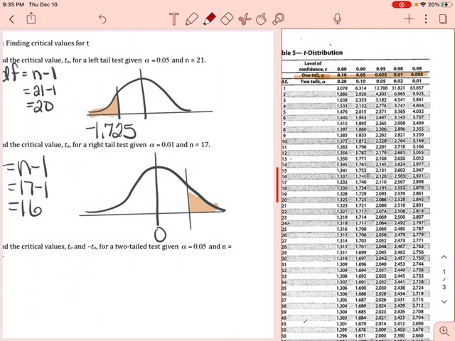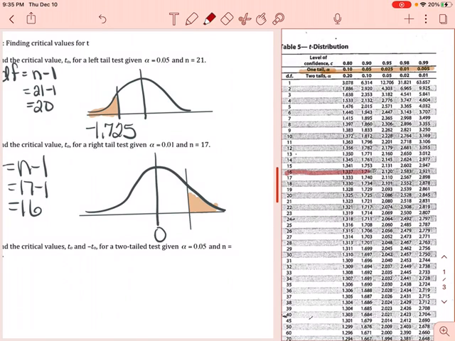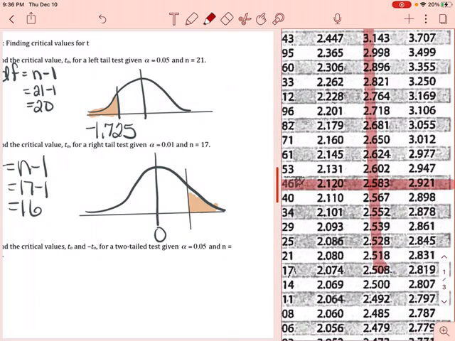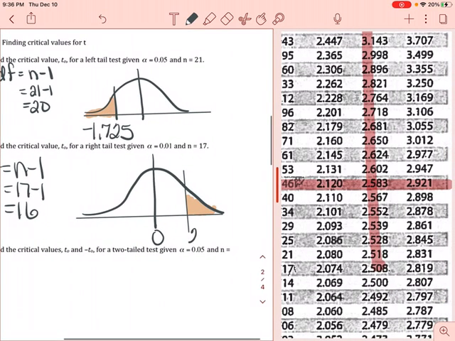Degrees of freedom is 16, and we're doing an alpha of 0.01, so we go to the 0.01 column. 2.583. Since it's on the positive side, we leave it a positive number.